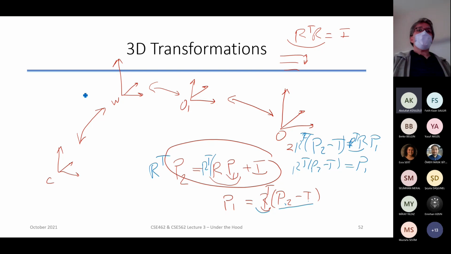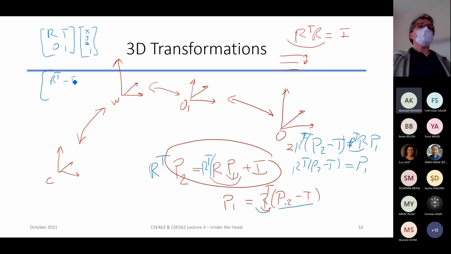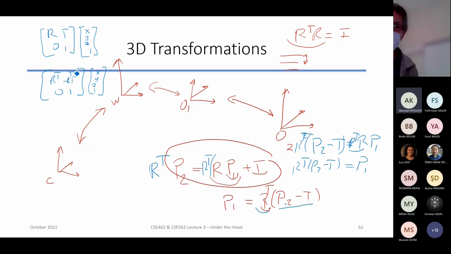All right. And we know that if this is represented in homogeneous coordinates, then you have your matrix of this form, and the inverse of this matrix is very simply R transpose, minus T, like this. There has to be R transpose here. So this is the transformation, and if you take the inverse of this matrix, you'll see that this is the matrix.